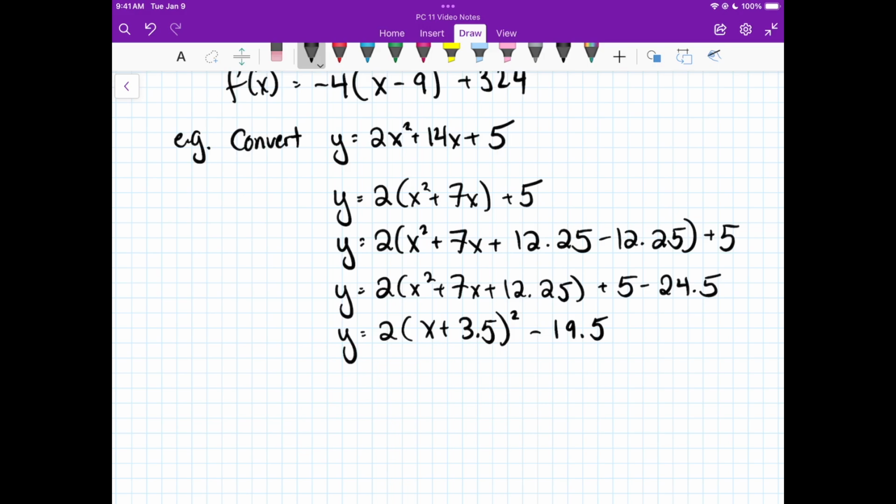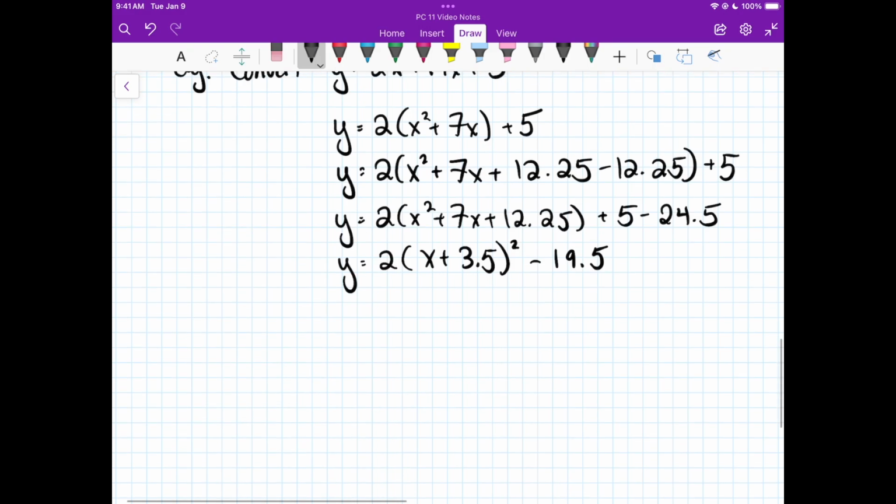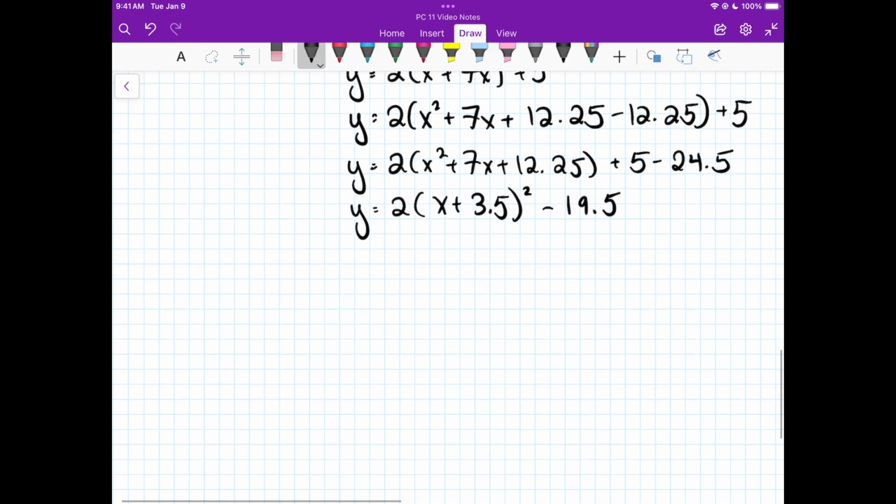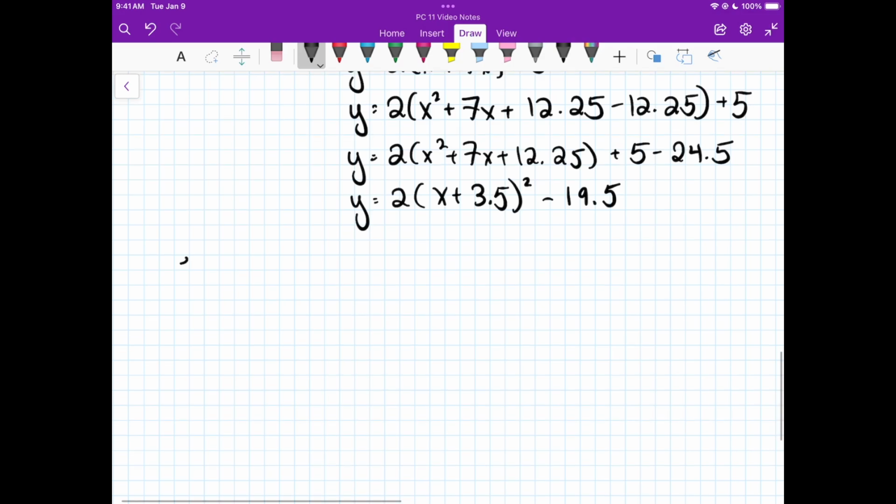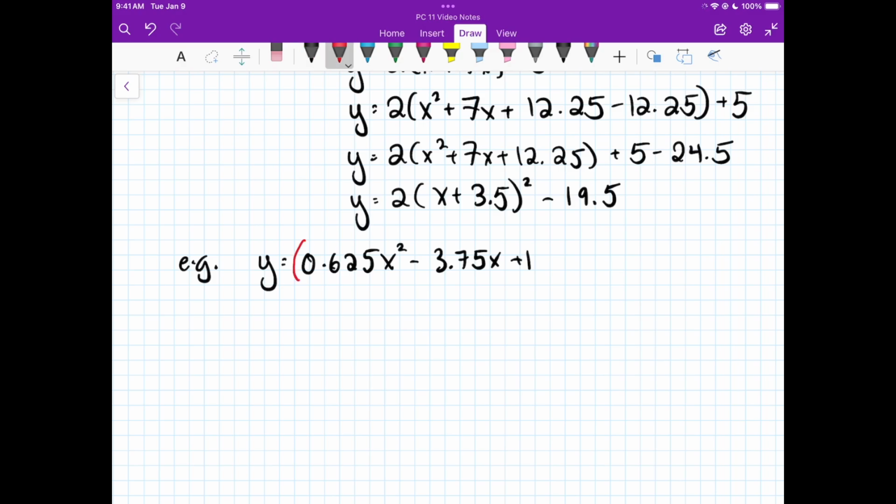Few more quick things. I'm not going to work through these last few examples. I'm just going to set them up. So we've got our first slightly different situation: y equals 0.625x squared minus 3.75x plus 1. So again, we always want to take out the a value, no matter what.